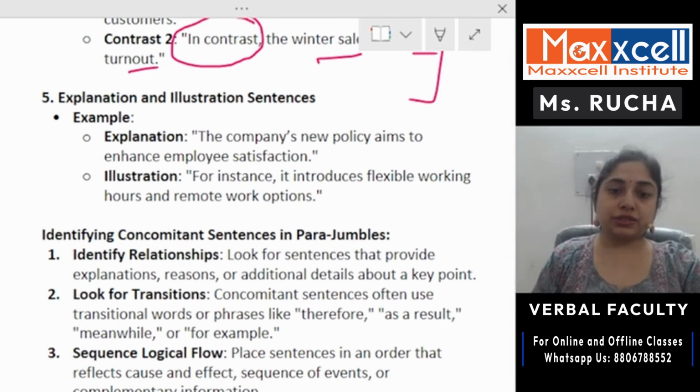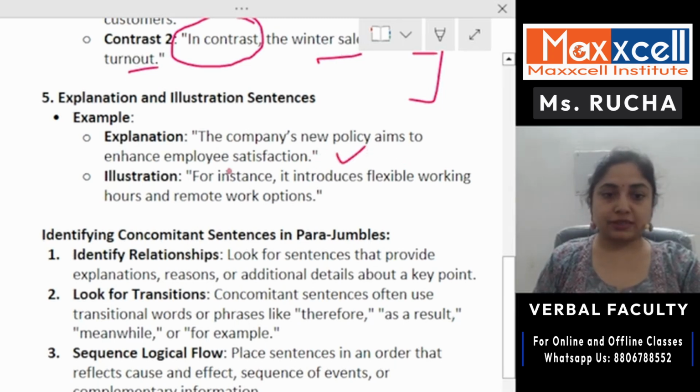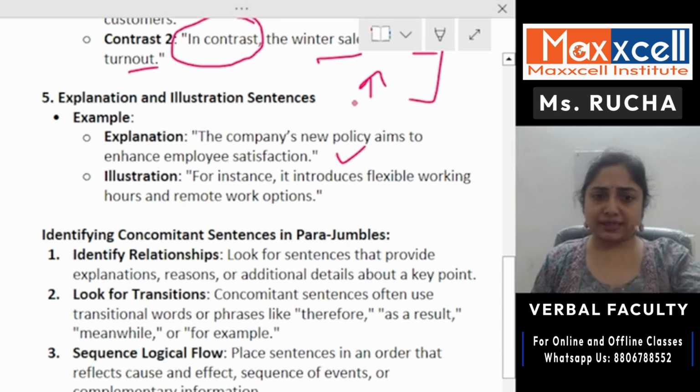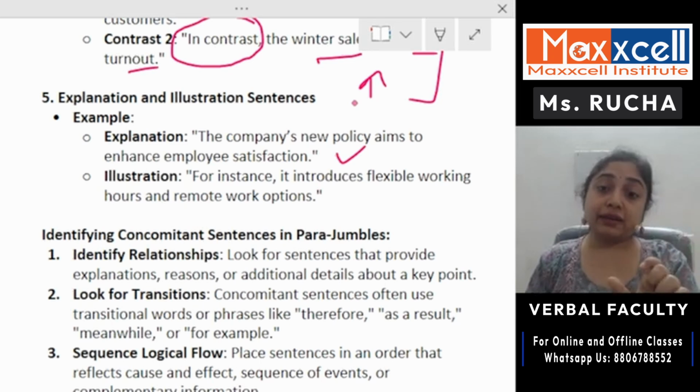Explanation and illustration sentences. Explanation: the company's new policy aims at something. So we are explaining this in the first sentence. Illustration: for instance. What we are doing here, in the previous sentence, we have seen a few, not exact previous sentences, but two sentences before we have seen one example where we are adding detail.